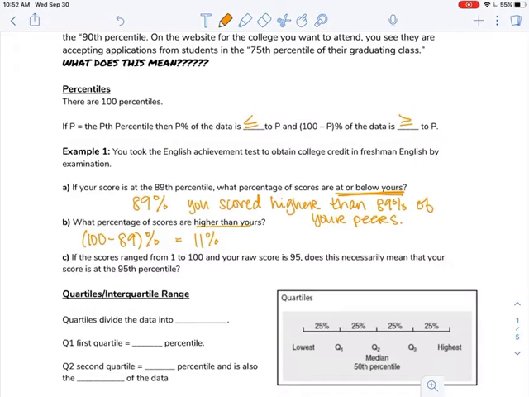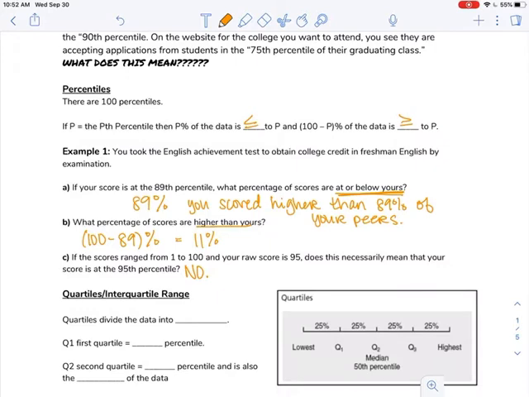If the score is ranked from 1 to 100 and your raw score is 95, does this necessarily mean that your score is at the 95th percentile? So no, it really depends on what everyone else got. It doesn't necessarily depend on your score out of 100 if the tests are out of 100, okay?